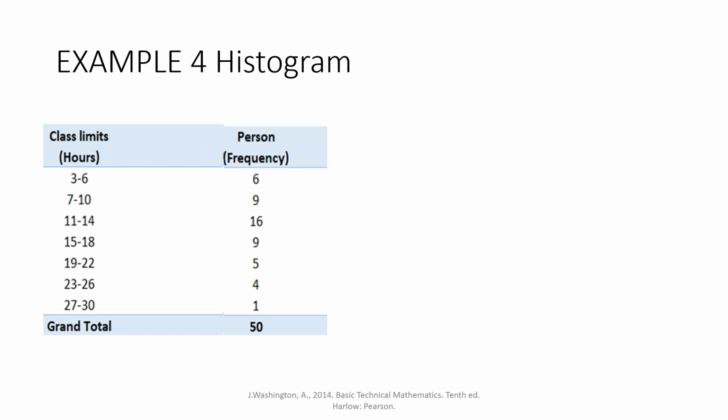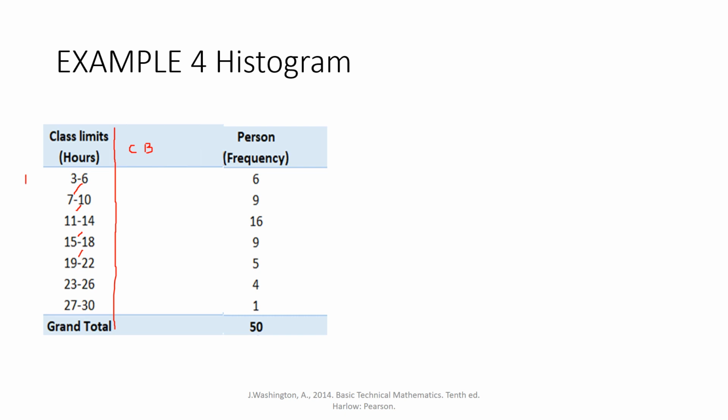Now let's come to the example for histogram. For histogram, first of all we need class boundaries. How do we find class boundaries? This will be another column. First we see how much is the difference between 6, 7, 10, 11, 14, 15. So the difference is 1.